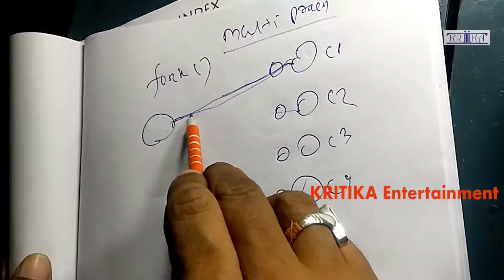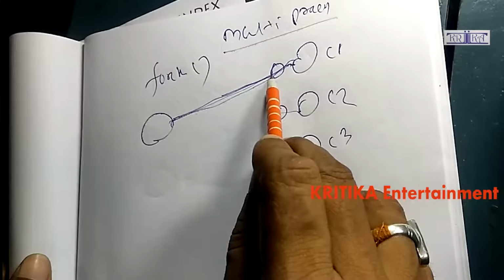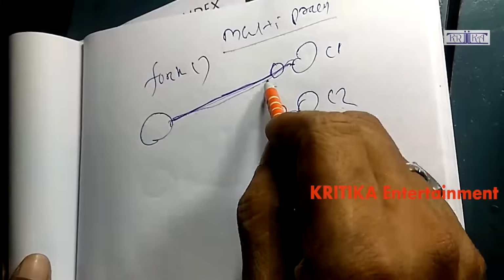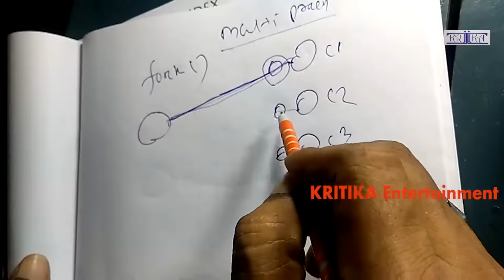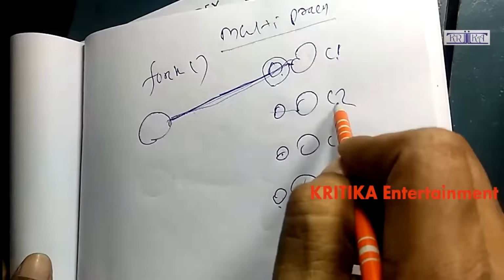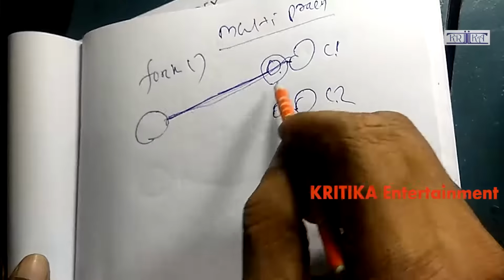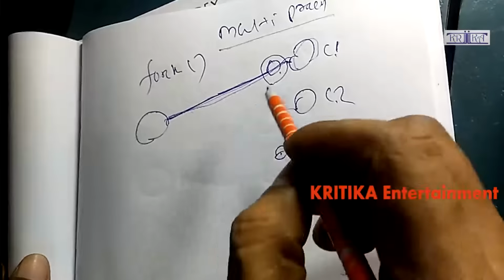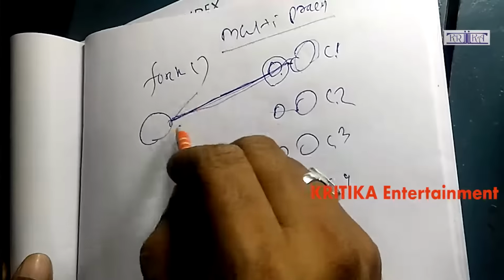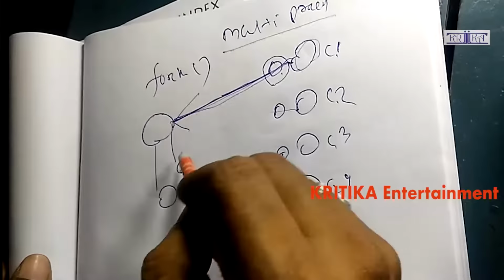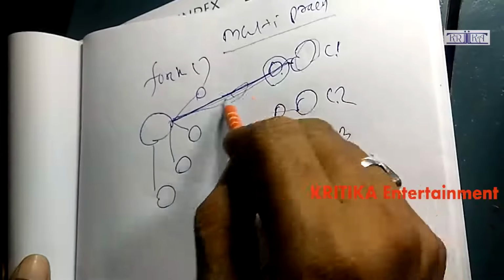When the server sends or receives data from the client, it is passed through the process. So this is the C1 process, C2, C3, C4, where C1 means client 1, client 2, client 3, client 4. Multiprocess means the server creates a number of processes for the number of clients, so the server will create 4 processes.